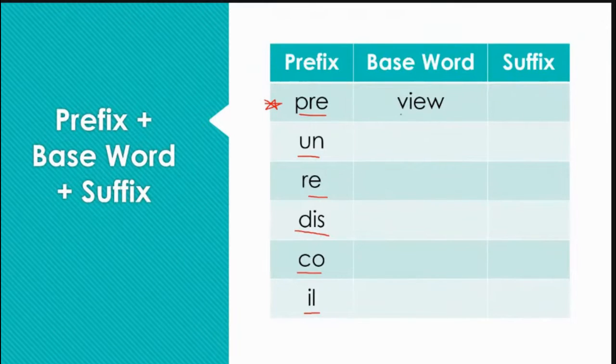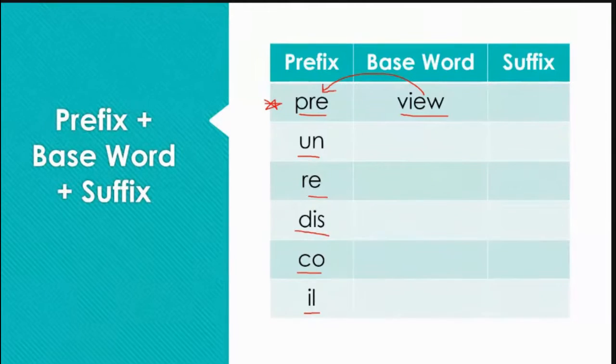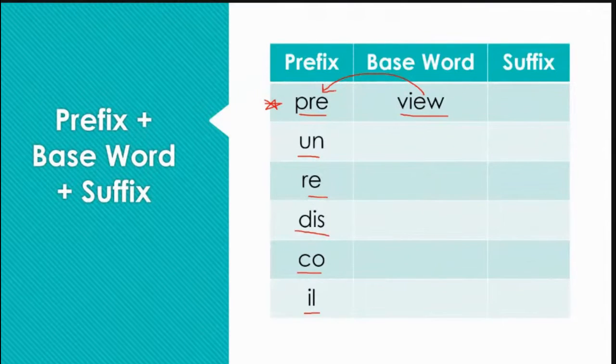Here that means view before, preview. For example, when you are waiting to see a movie, you might see a preview, which means maybe about 1 minute or 2 minutes short clip of a new movie coming out. So you haven't seen the movie yet, but you have seen a little bit before the movie, preview.